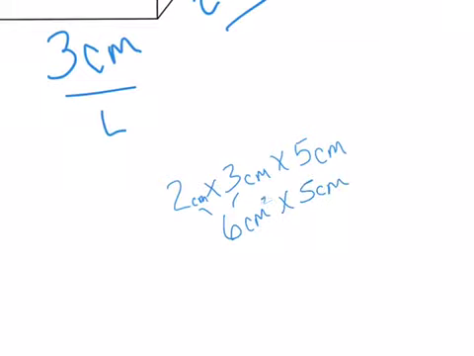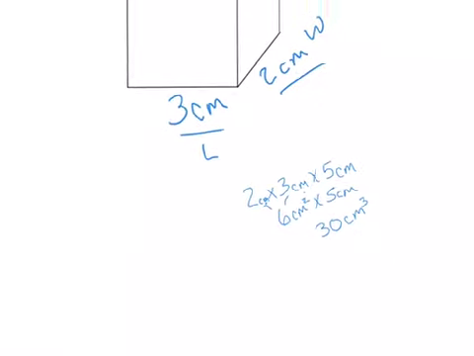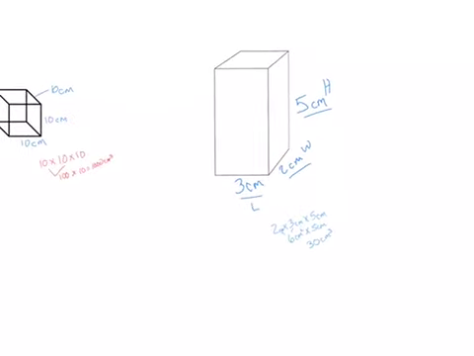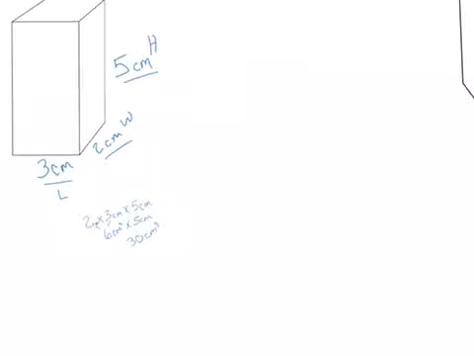And this one is technically squared since we have 2 there. Then 6 centimeters squared times 5 centimeters makes it 30 centimeters cubed. That would be your volume. Volume has always got cubic units.